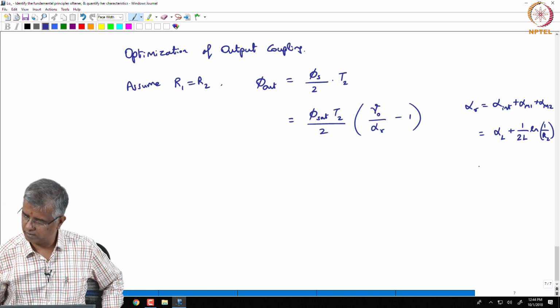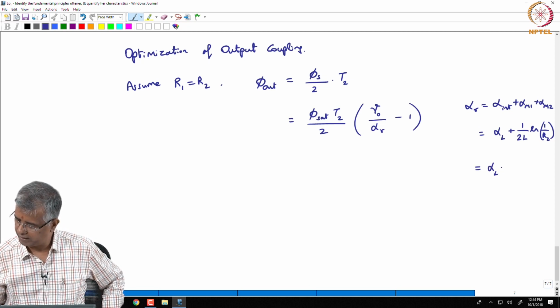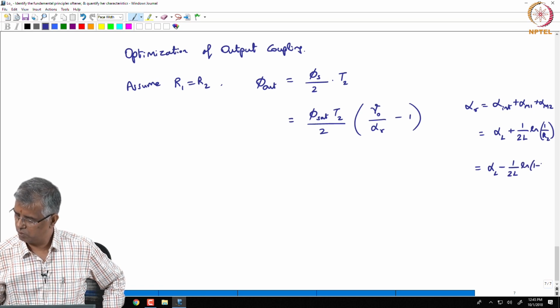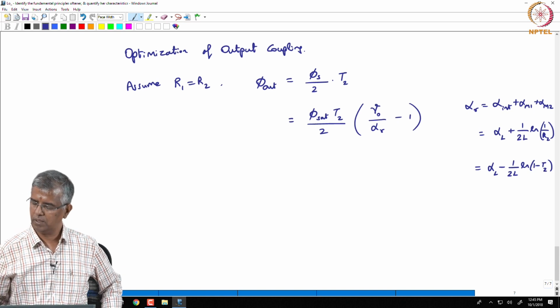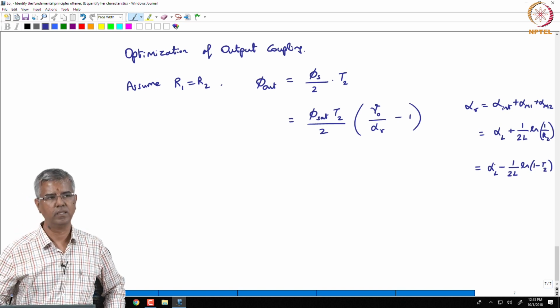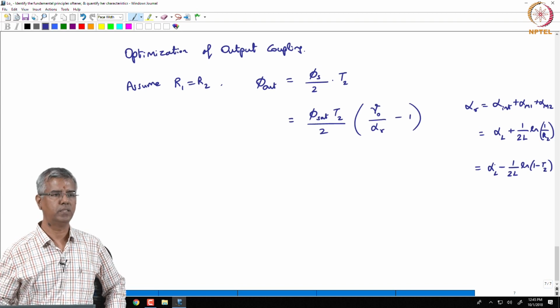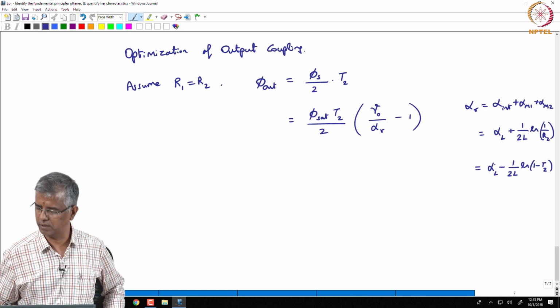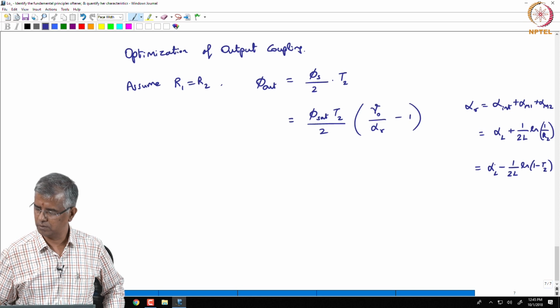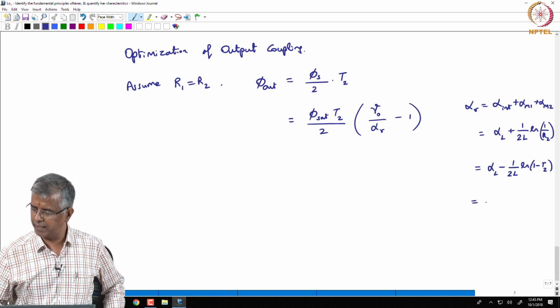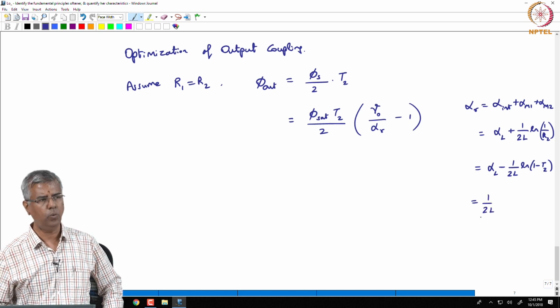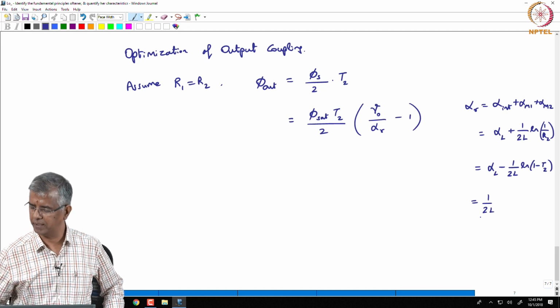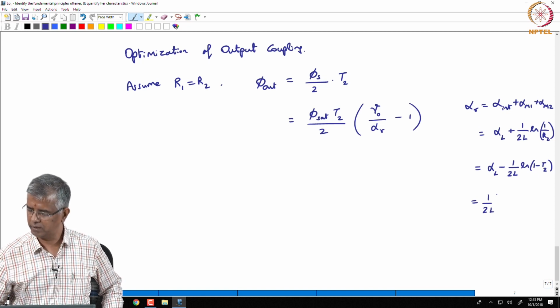So, I can write this as alpha L minus 1 over 2L ln of 1 minus T2. Why do I get a minus sign over here? Because it is ln of 1 over 1 minus T2, which I have taken as ln of 1 minus T2, in which case a minus sign comes outside. And this I can further write by taking 1 over 2L outside as a common factor.